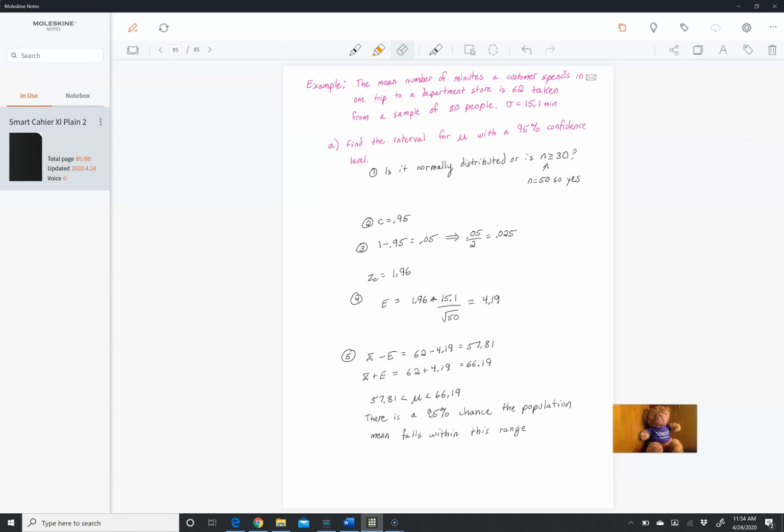Would we be more confident that it falls between 60 and 64, or less confident that it falls within a range like that? I want you to think about if the interval is smaller, are we more or less confident that it falls within that interval? Okay, so let's first do it, and then we'll talk about it.